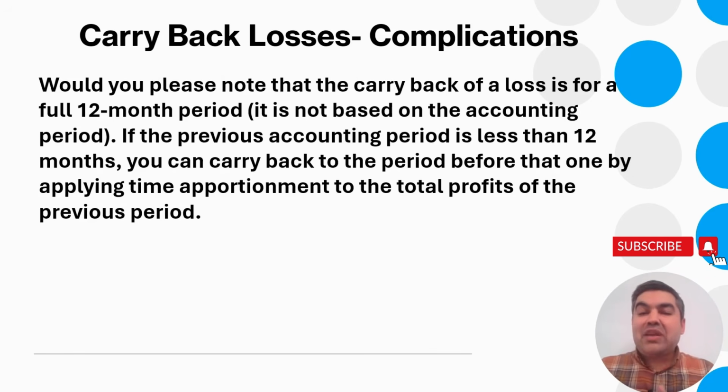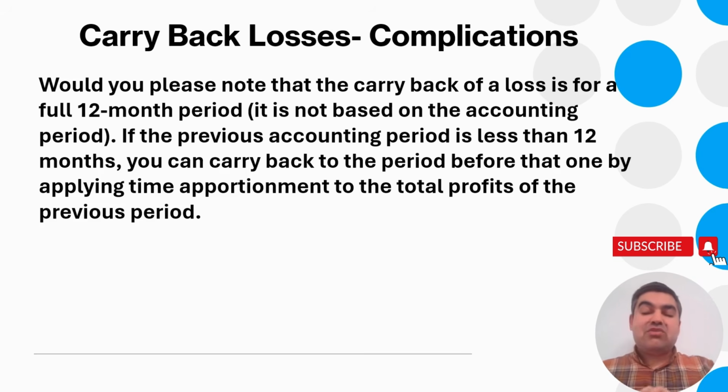Now, there's a complication with the carryback losses. If you remember, we mentioned that the carryback loss is for a full 12 months. It is not based on the accounting period. So if the previous accounting period is less than 12 months, you can carry back to the period before that one by applying time apportionment to the total profit of the previous period. Remember, that is in theory. In practice, it's very hard, because the tax software is not built for this purpose, and HMRC will not understand this either.